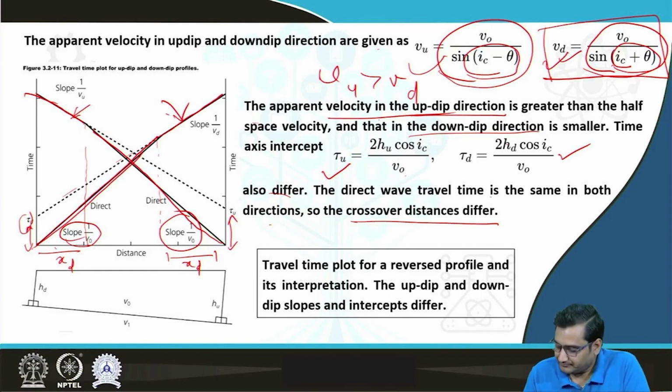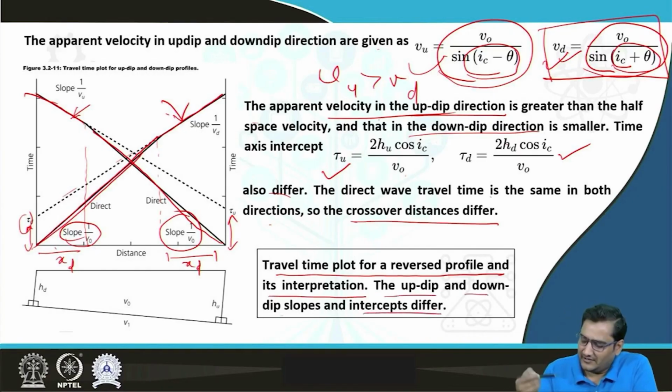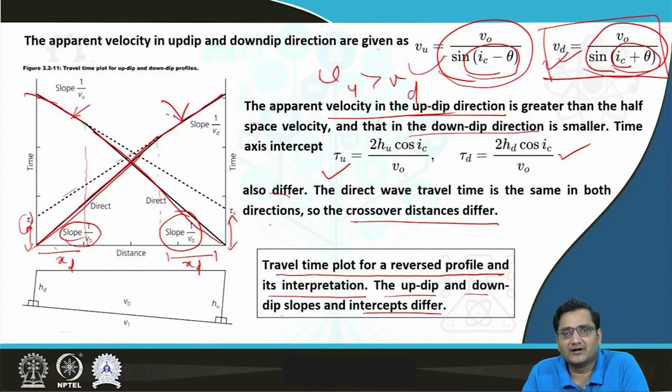In the travel time plot for a reverse profile and its interpretation, the up dip and down dip slopes and the intercepts differ. That means the travel time for the head wave in both directions is different, because the total intercept that you can calculate here is different from this one. So you can easily say that the total travel time for the head wave in the forward profiling and in the reverse profiling are different from each other.